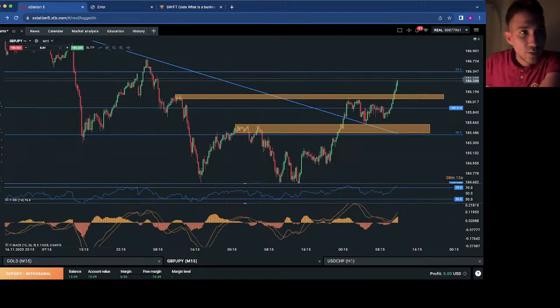This is the GBP JPY, so the British pound and the Japanese yen. I'm actually waiting for it to test this area again and then go up with more strength, but because I already lost this momentum, I'm not going to chase the trend, so I'm just waiting.